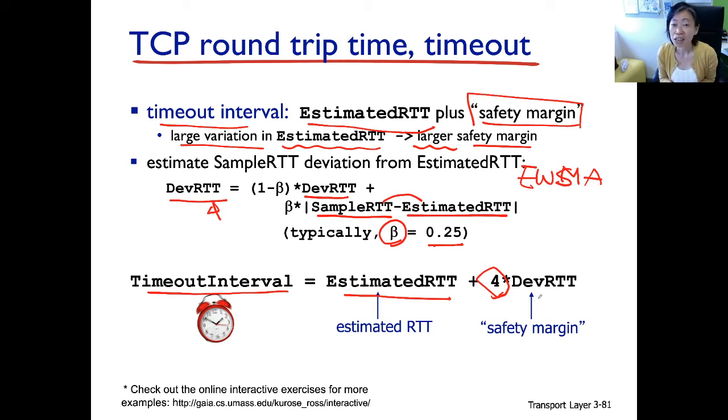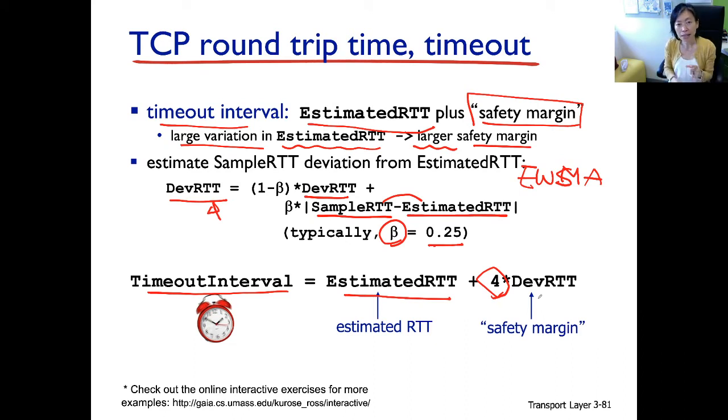In order to cover 99% of the samples, you have to add to the average 3 times the standard deviation. So adding 4 times standard deviation is to cover way more than 99%. So this is also saying what?